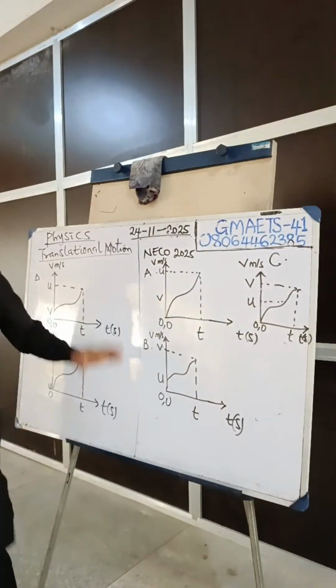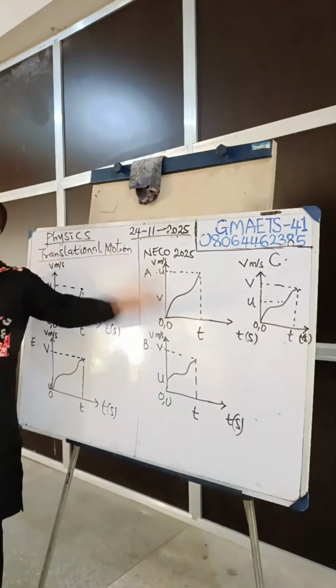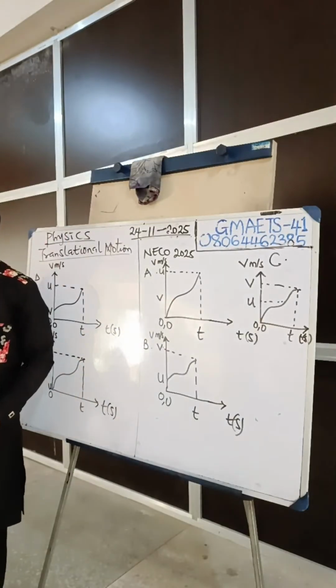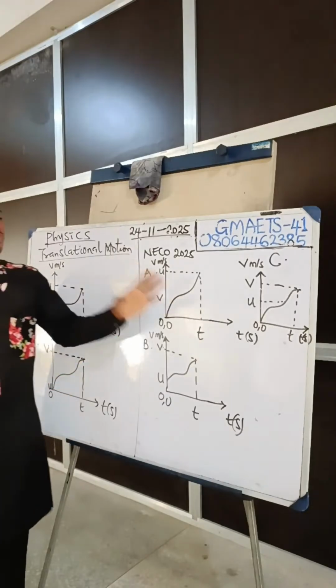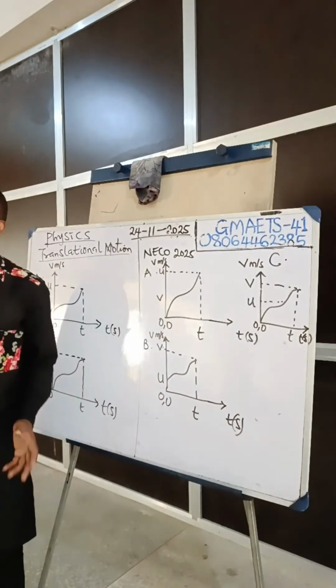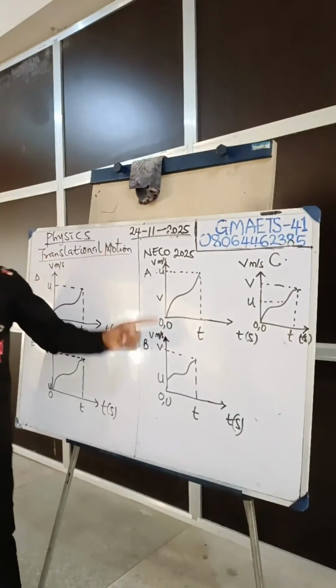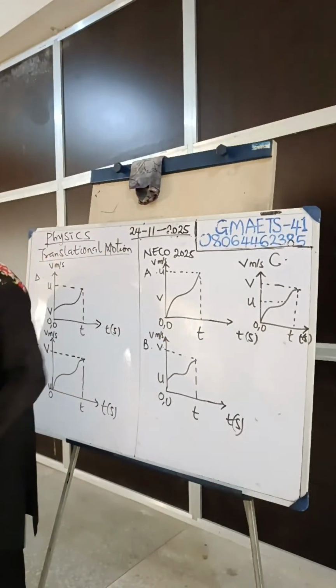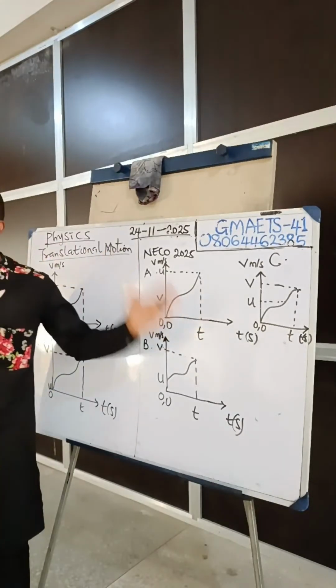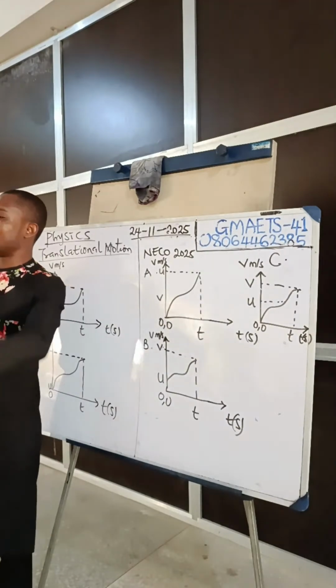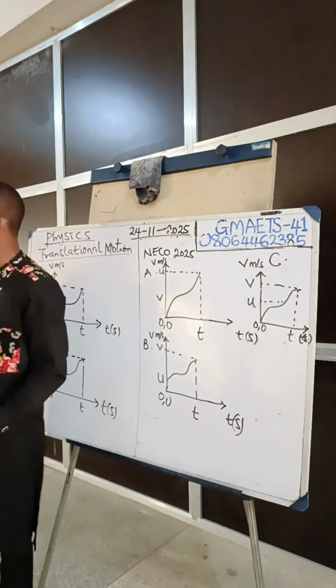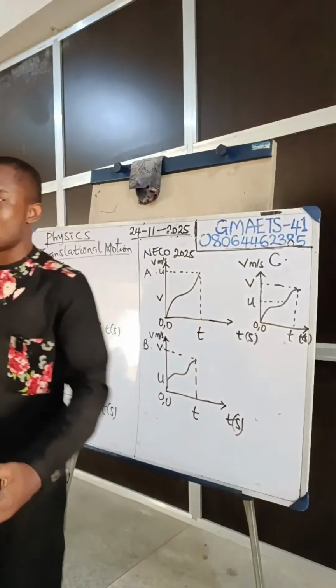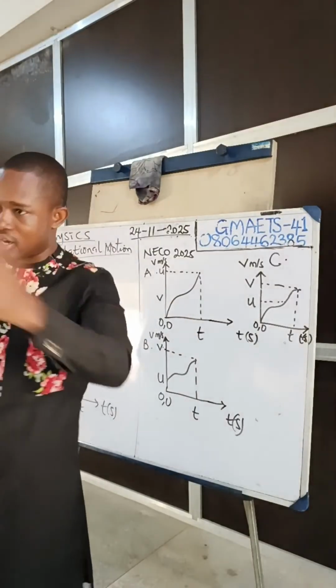How do we know that this graph is defining non-uniform motion? We know that the graph here is defining non-uniform motion because none of these graphs is a straight line graph. You are seeing curves, is that not so? We just finished the concept of our quadratic equation by graphical method, and you see something like a curve, right?